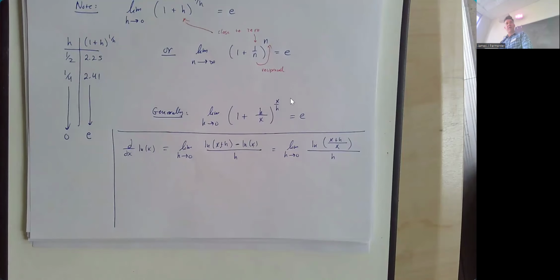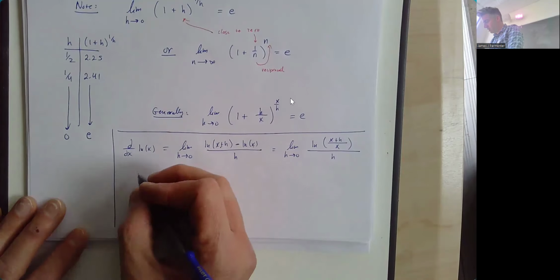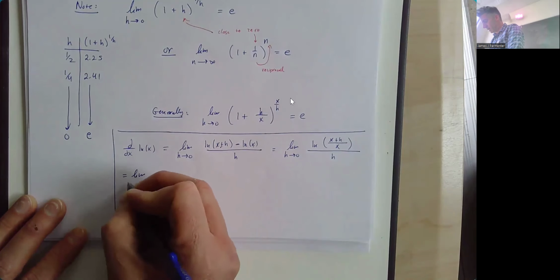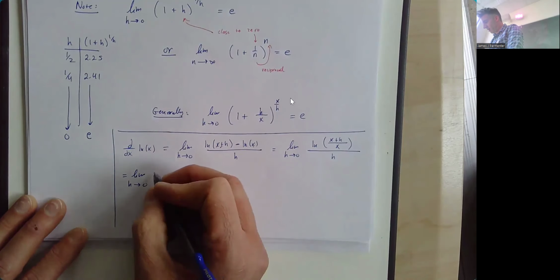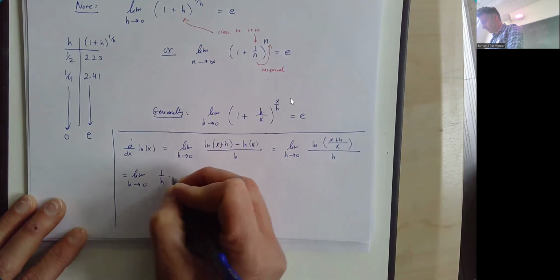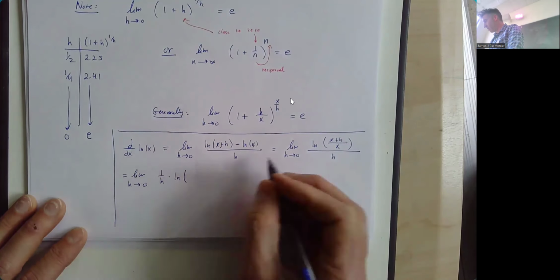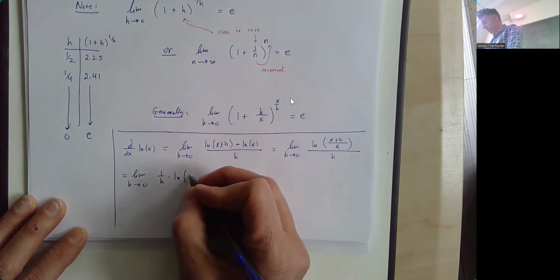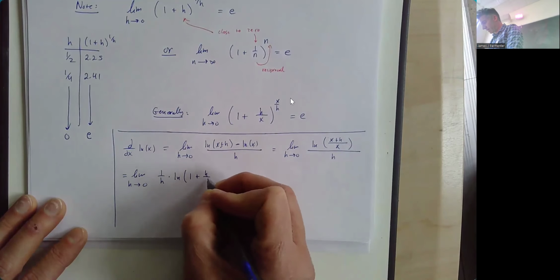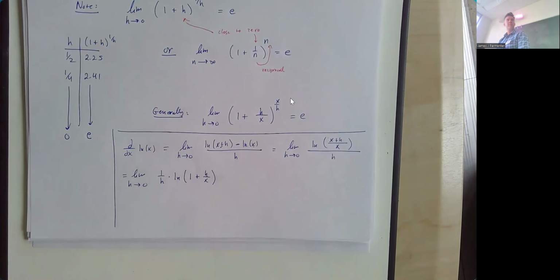I'm going to use a little bit of rewriting, which might seem a little out there. I'm going to write this as the limit as h goes to 0 of 1 over h times the natural log of x divided by x is 1, and h divided by x is h divided by x. So far, not too bad.